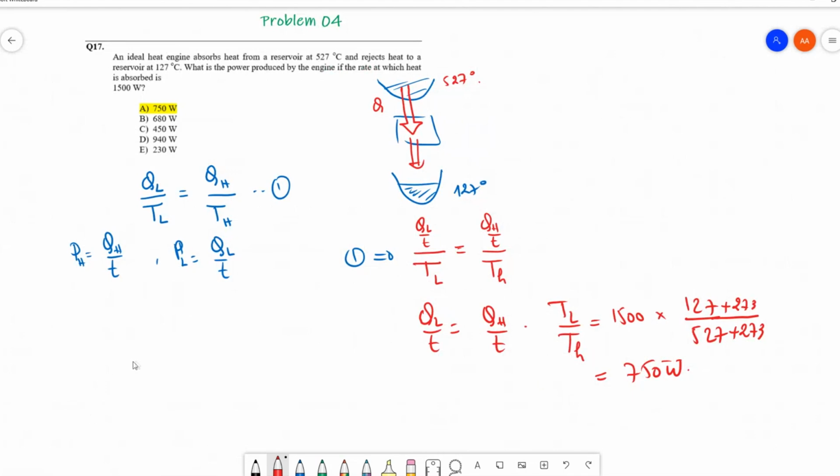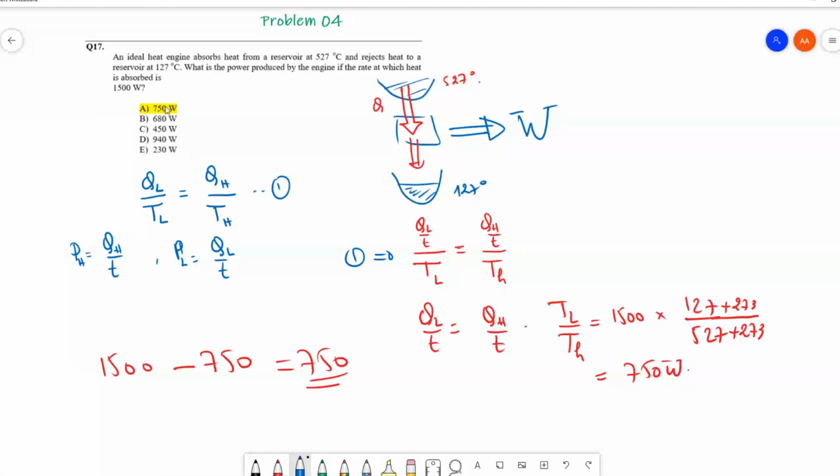So we have a rate of 1,500 watt injected into the system and releasing 750. So the work which is extracted, W, is 750 watt.